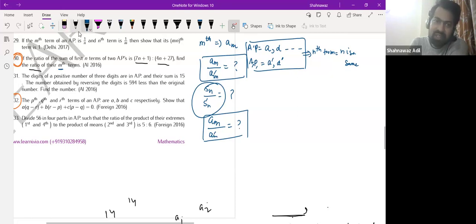We have discussed this question many a time, and let me see if you guys remember this question. In this question, you guys have to just compare the terms.